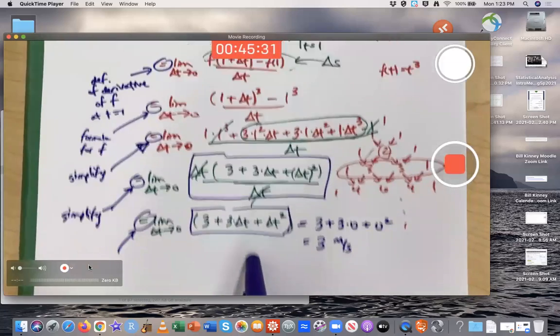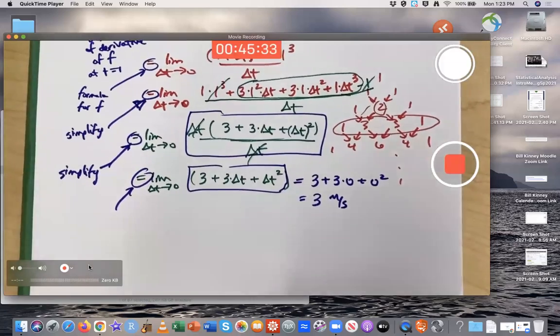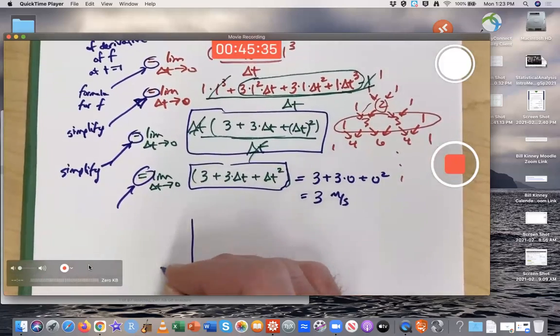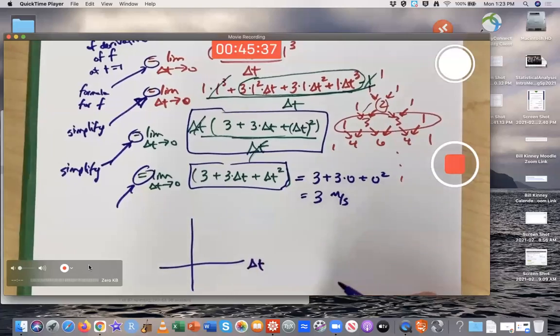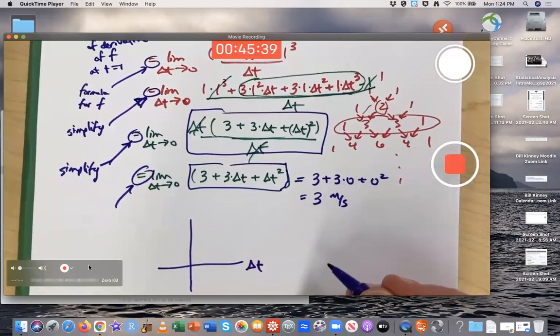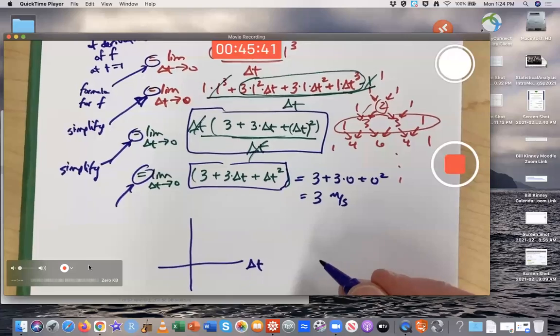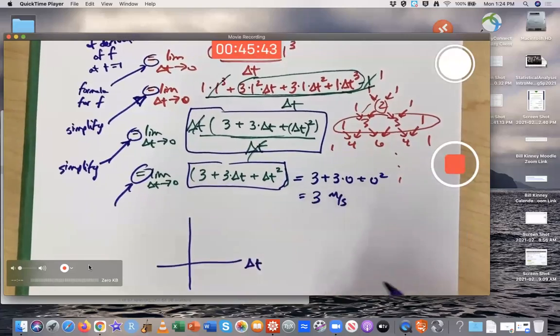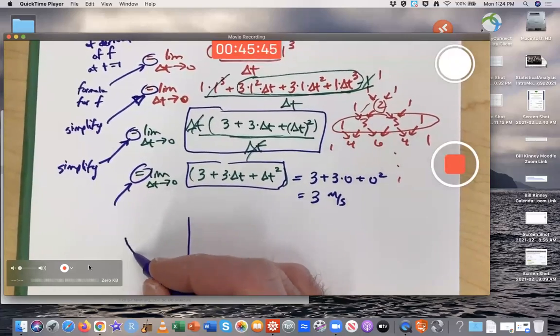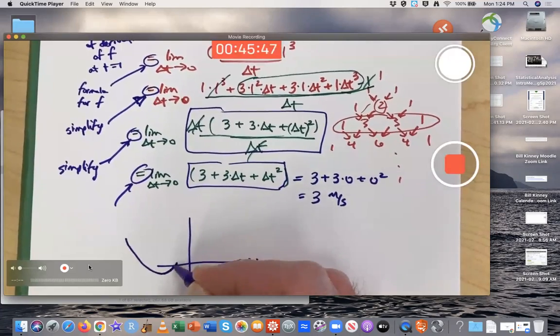Its graph again looks like the graph of this one, which is quadratic. It looks like a quadratic function of delta t. It's going to look like a parabola about like this.